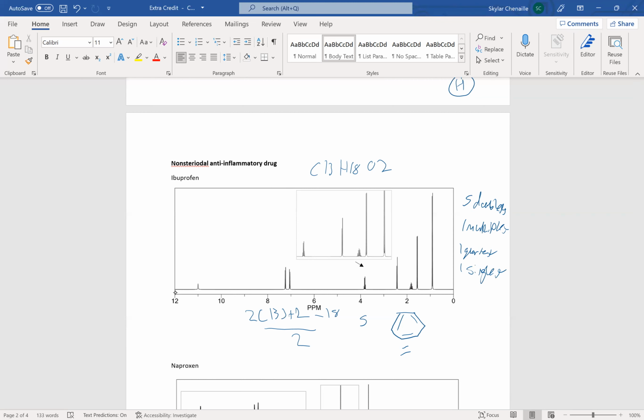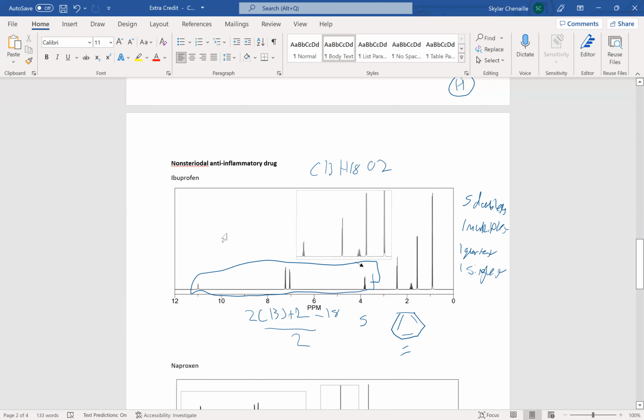Okay, now can't forget that we have 2 oxygens as well. So our oxygens are most likely going to be around these carbons here. So those are the ones we need to be careful of, which is one of our doublets, singlet.